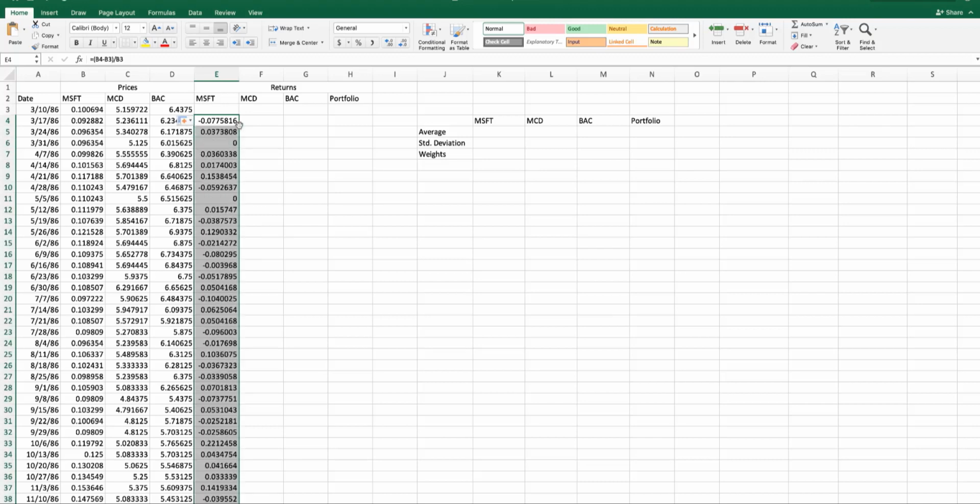We can compute the rest in the same way. This is equal to the price in week 24 minus week 17, divided by 17. Looks like here the price did not change, so that's why you have a 0. And then we can drag this forward for McDonald's and Bank of America.